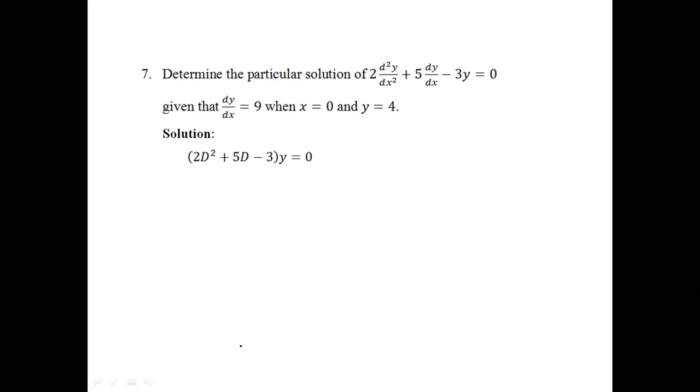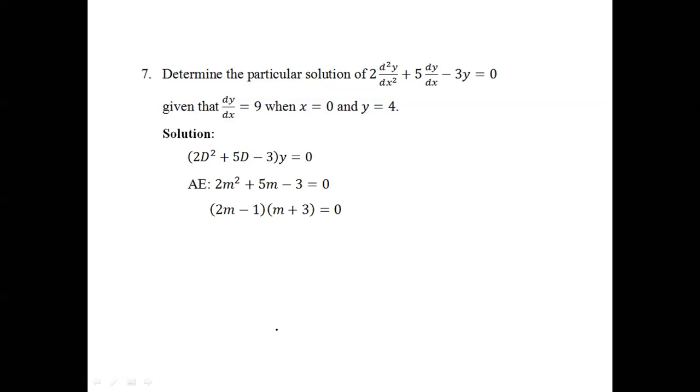It will become 2D squared plus 5D minus 3 in brackets y is equal to 0. That's the correct notation using the D operator. Then that yields an auxiliary equation 2m squared plus 5m minus 3 equals 0.